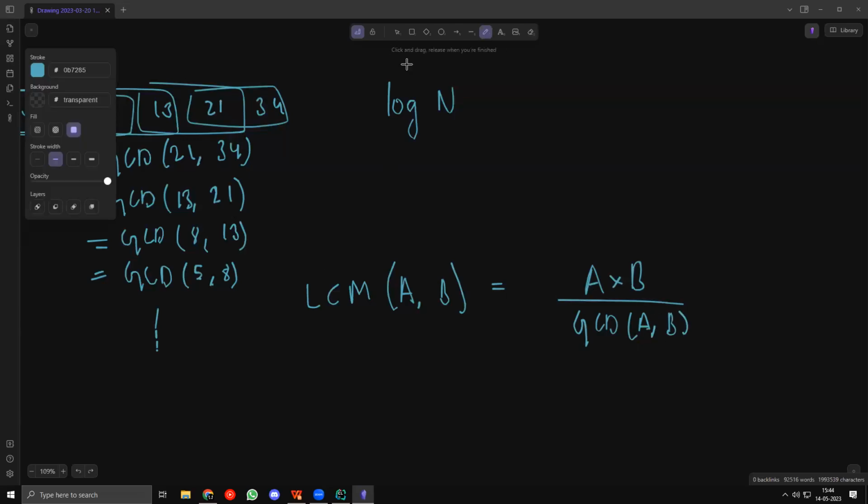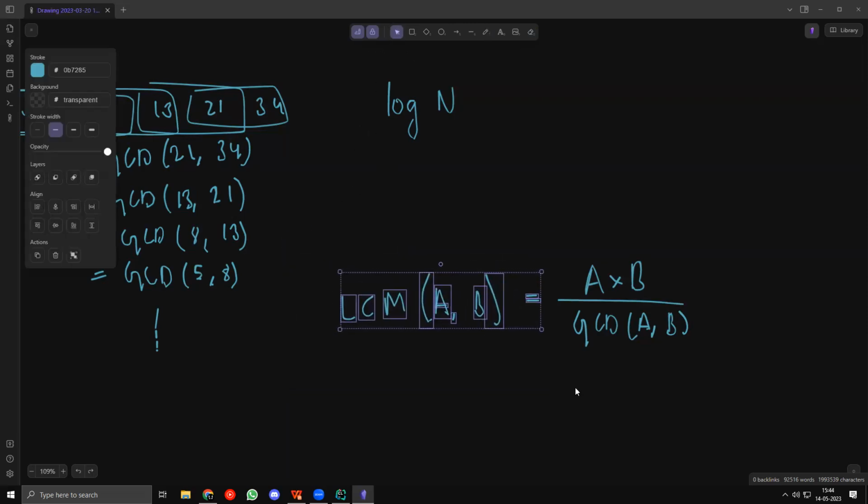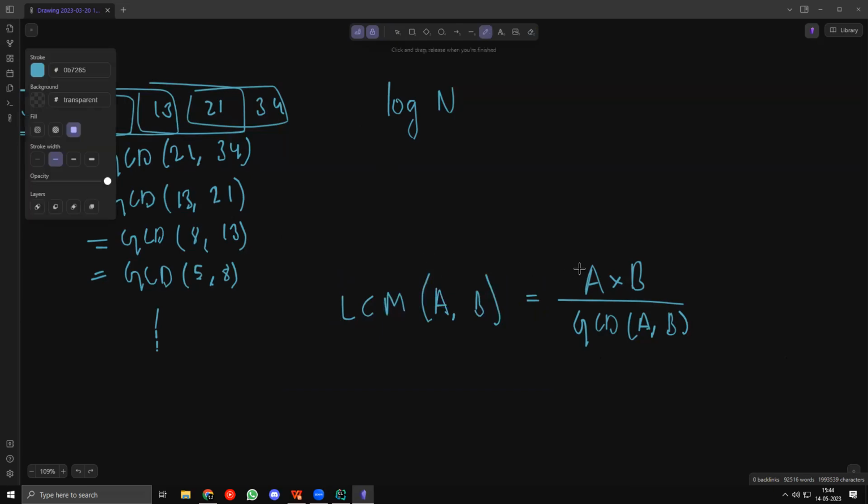But honestly, this is the formula. So if you know the GCD, it's very easy to find the LCM.